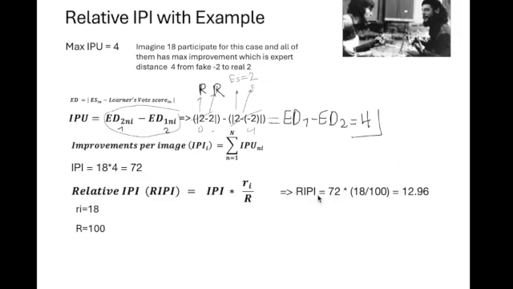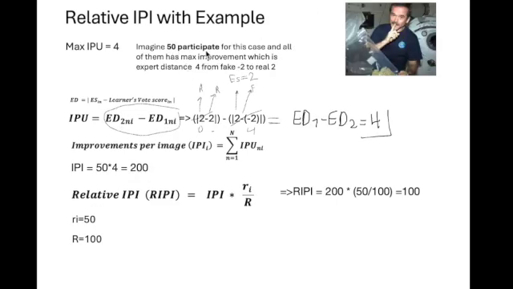Now the R-IPI will be computed from the IPI of 72, the number of participants for this case, and the maximum participants. Then R-IPI will be 12.9, but IPI was 72.